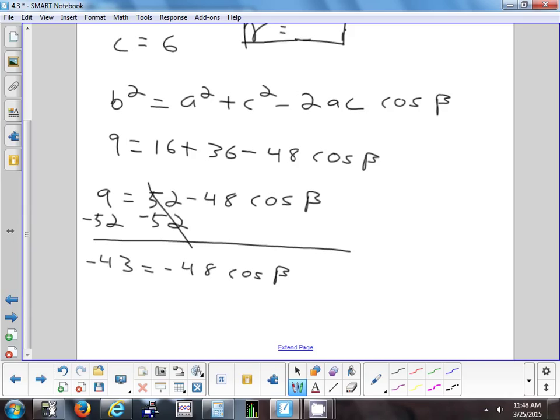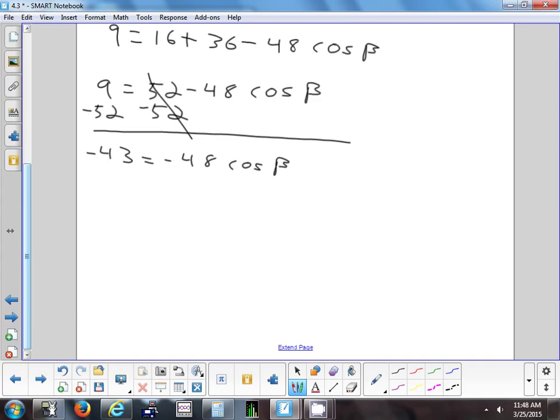Okay, Rosa, what would I do next? You would divide both sides by negative 48 cosine beta? Well, tell me, what would you do if it was this? And I asked you to solve for x. What would you get x by itself there? Remember, this is negative 48 times x.